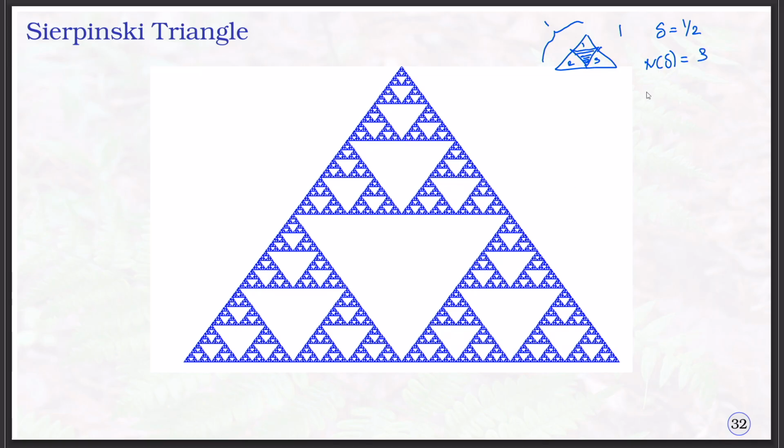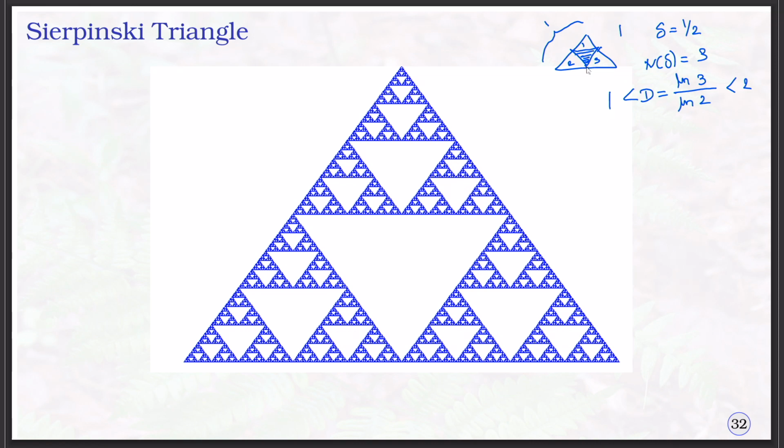If you are observing from the previous process of obtaining the fractal dimension for the Cantor set, the box counting dimension is ln of the number of boxes required to cover the object over ln of 1 over delta, where boxes are of size delta. Here delta is 1 by 2, so 1 by 2 inverse gives ln 2, which is less than 2 but greater than 1.